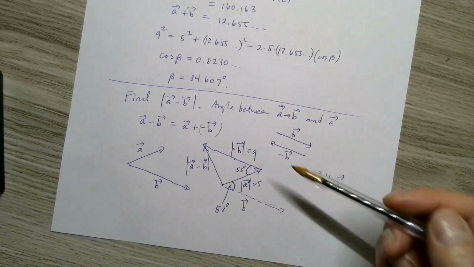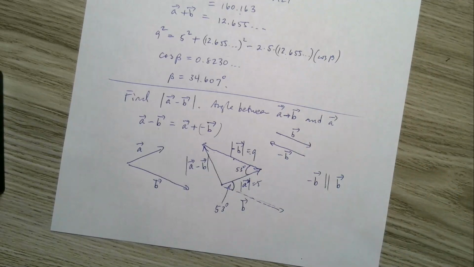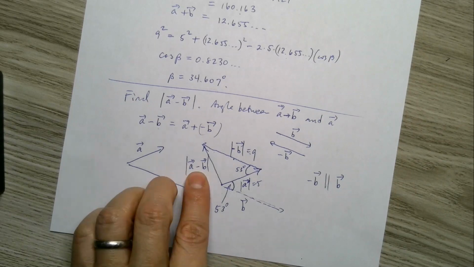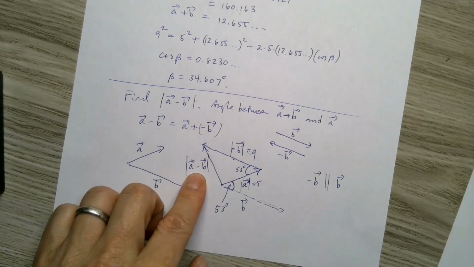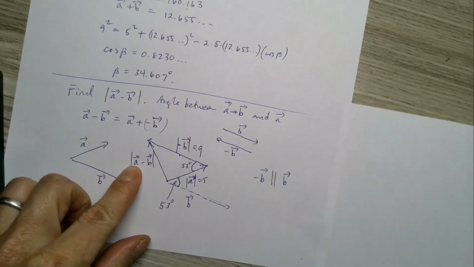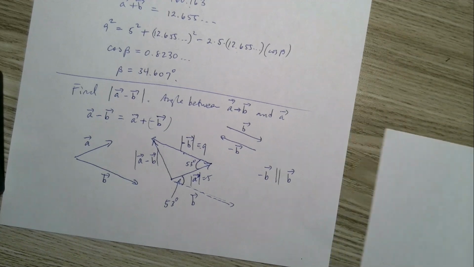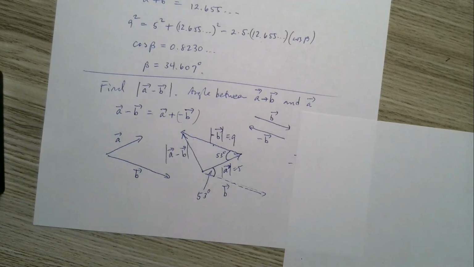So again, I have two sides and an angle. So I can use law of cosines again to solve for the resultant vector. So I'm going to do that on another sheet of paper right next to this. Okay.